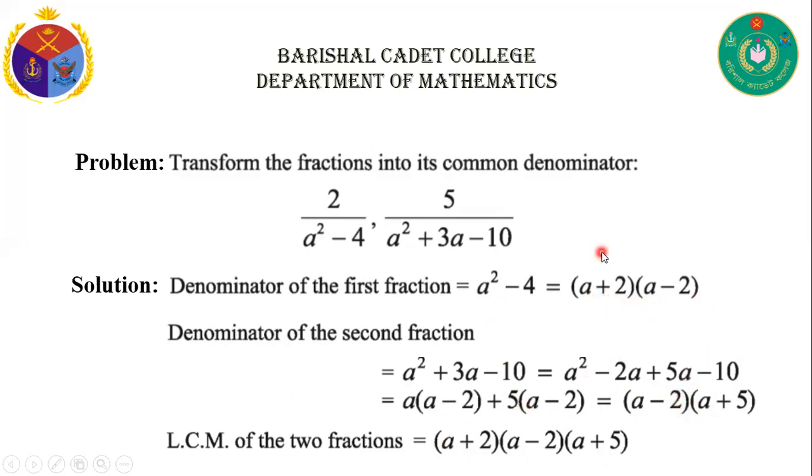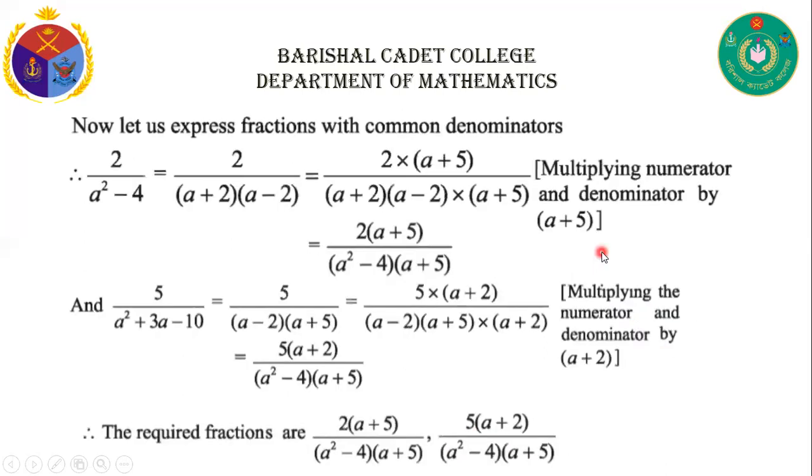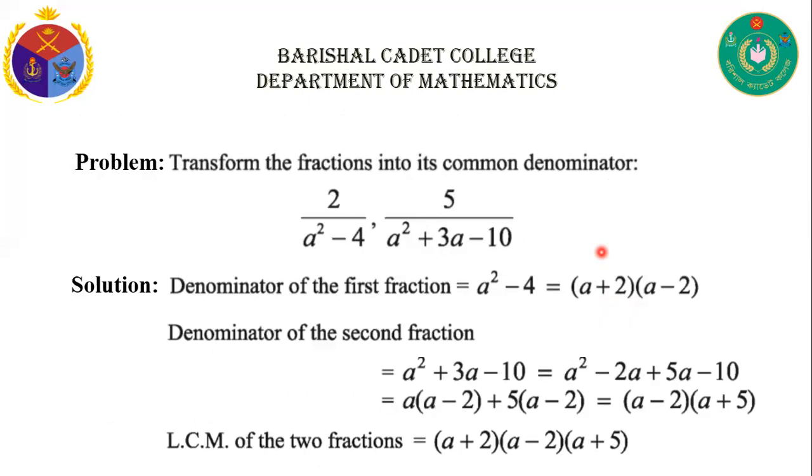Now we have to find the quotients. For the first fraction, the LCM a plus 2 into a minus 2 into a plus 5, divided by a plus 2 into a minus 2, gives a plus 5.